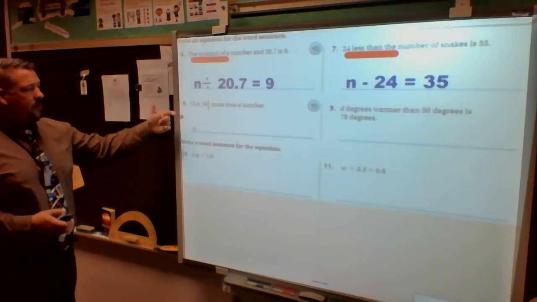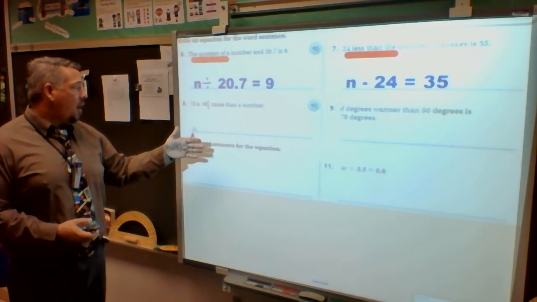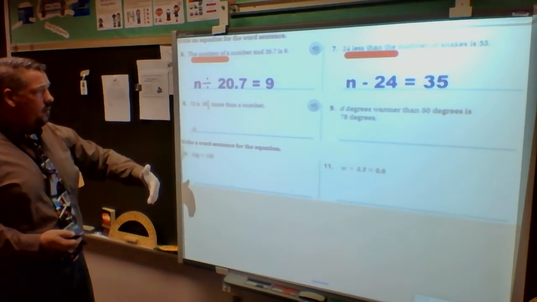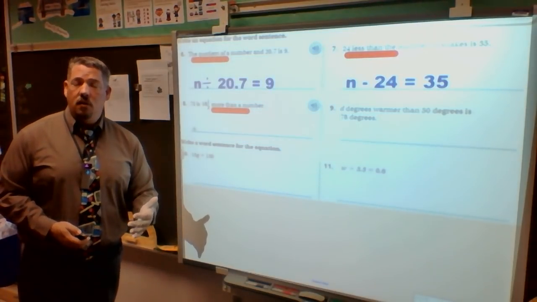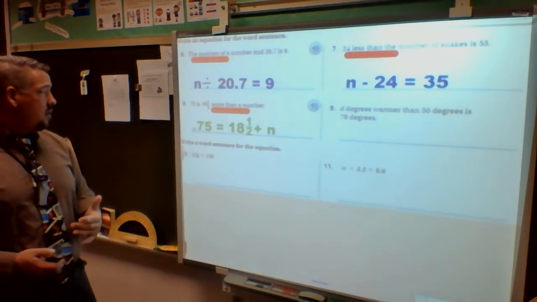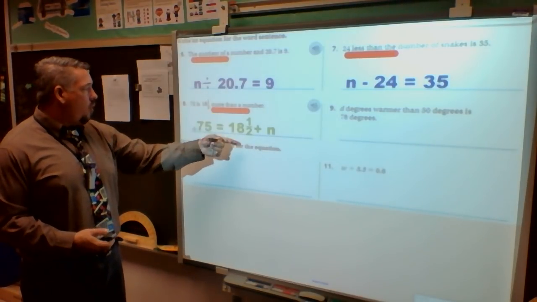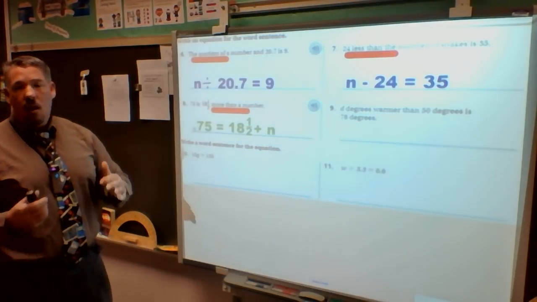Number 8 says 75 is, so I know I'm going to start with my answer and an equal sign, 18.5 more than a number. The keywords more than tell me to do what? Tell me to add, right? So I'm going to have 75 is 18.5 more than the n that matches. I'm good to go.